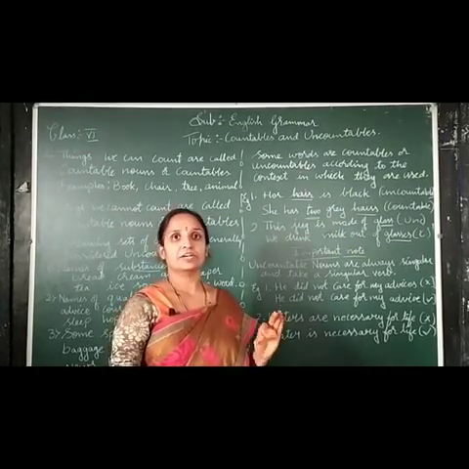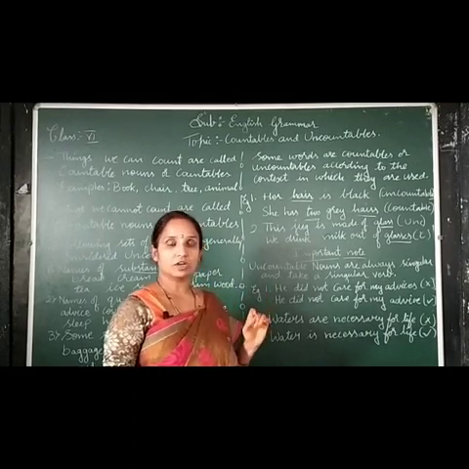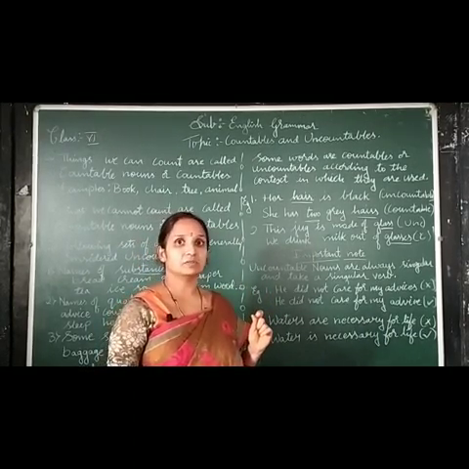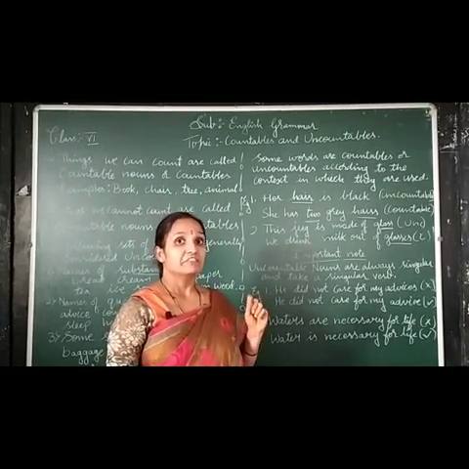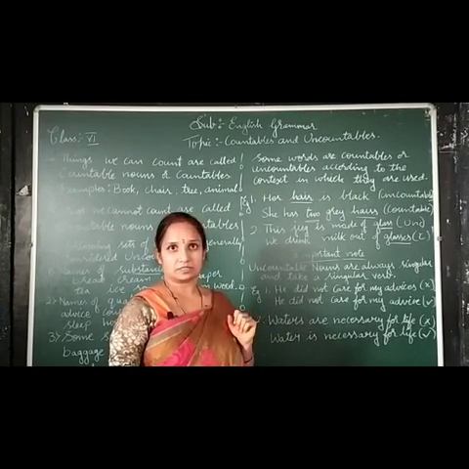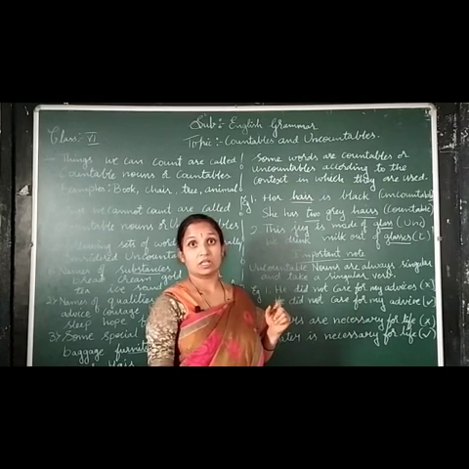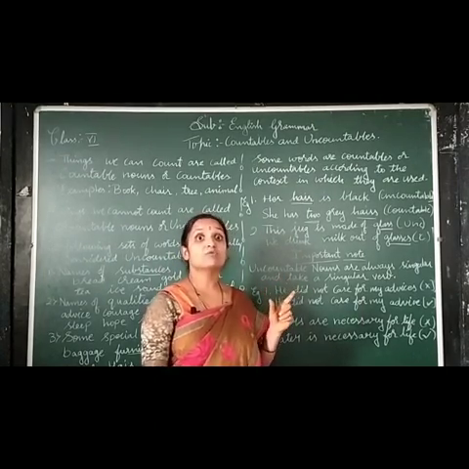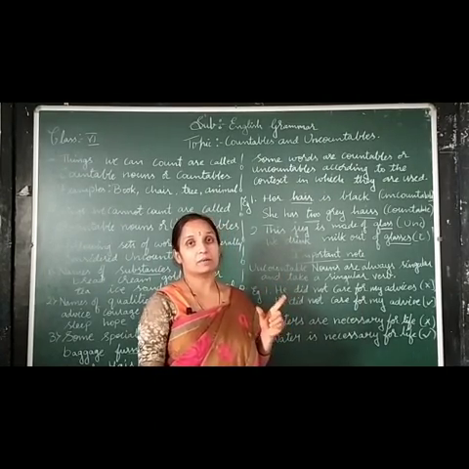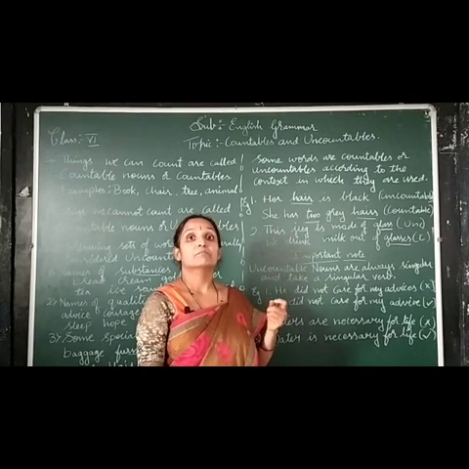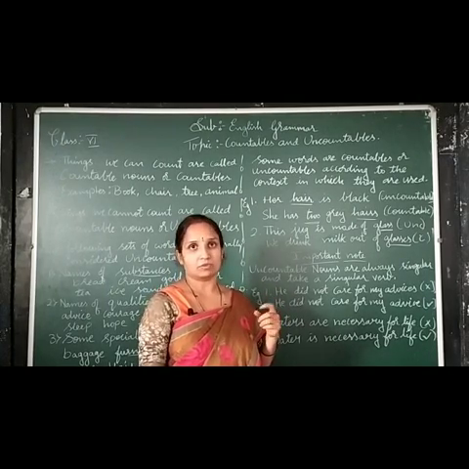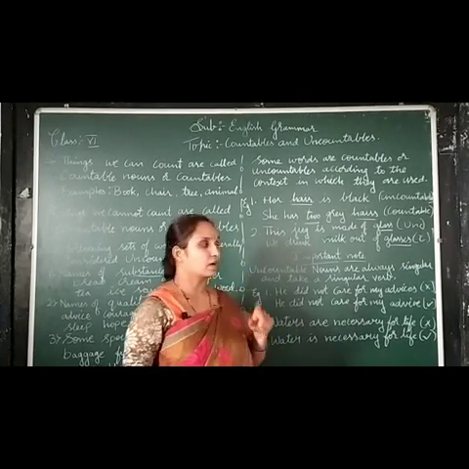Very important note for countables and uncountables. Where do we commit mistakes, especially in abstract nouns? The noun acts as singular, but we write a plural noun. No, it is wrong.